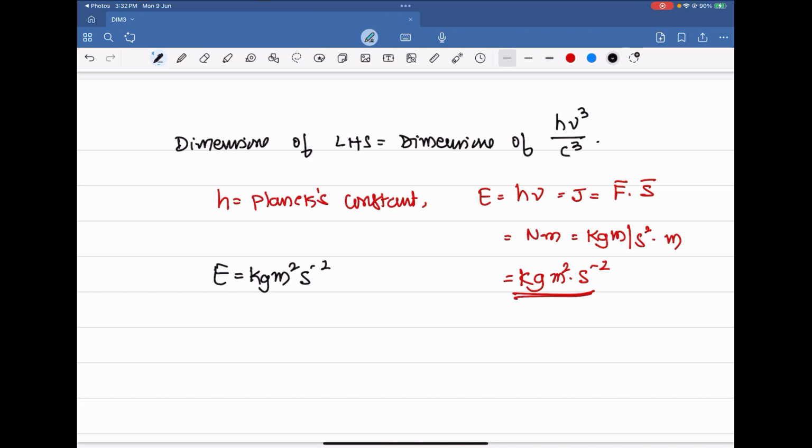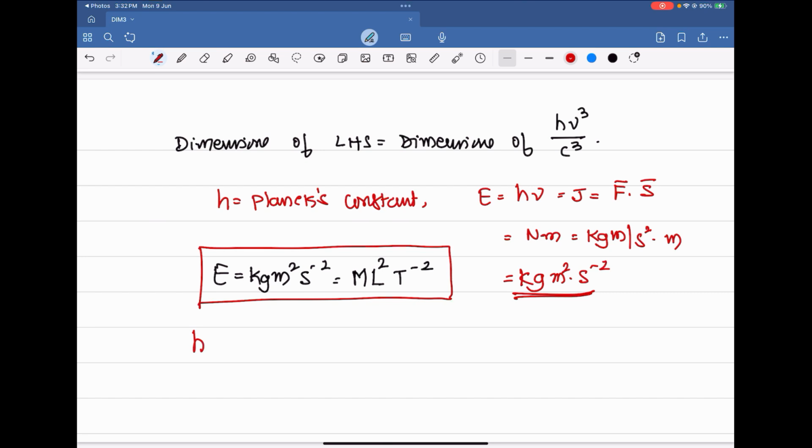In almost all the physics topics, energy is required. Energy is the life. Kg is M, meter is L, so energy is M L square T to the power of minus 2. Please remember this. Energy is h nu.